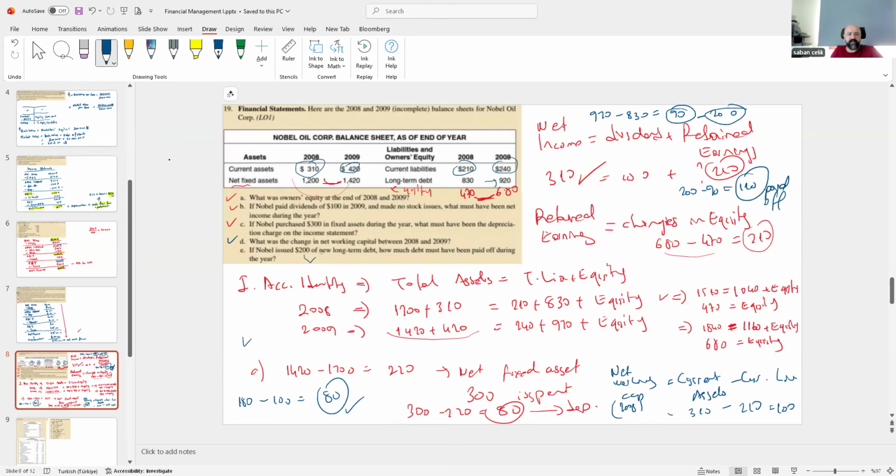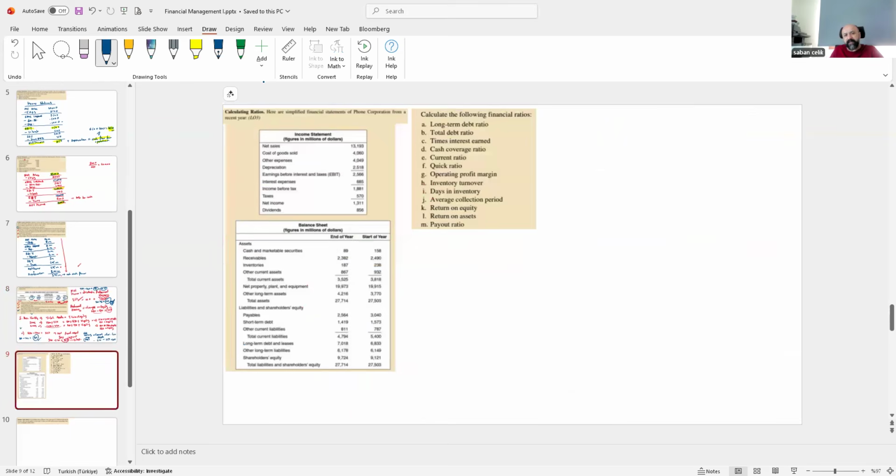All right, that's it. For this type of problem, I'm not going to go into detail. It's very, very easy because you are going to have a formula, and then all you need is to plug the figures into the formula. For example, long-term debt ratio will be long-term debt to total asset.